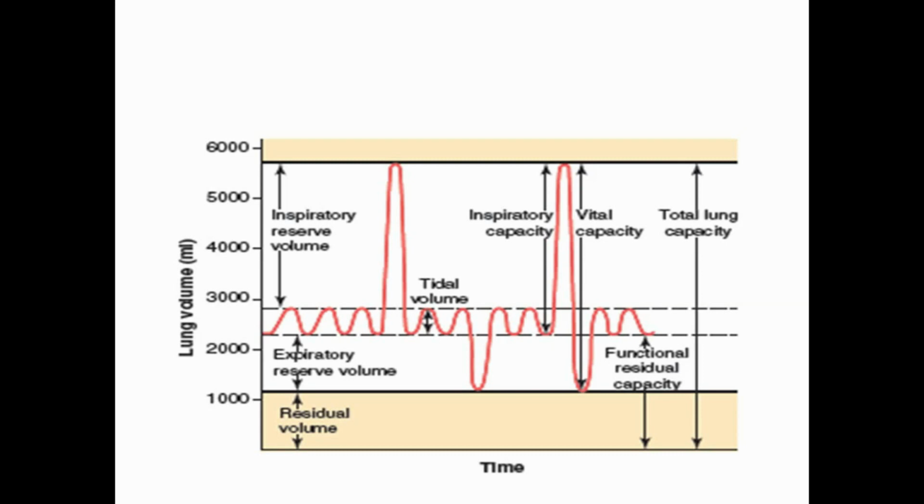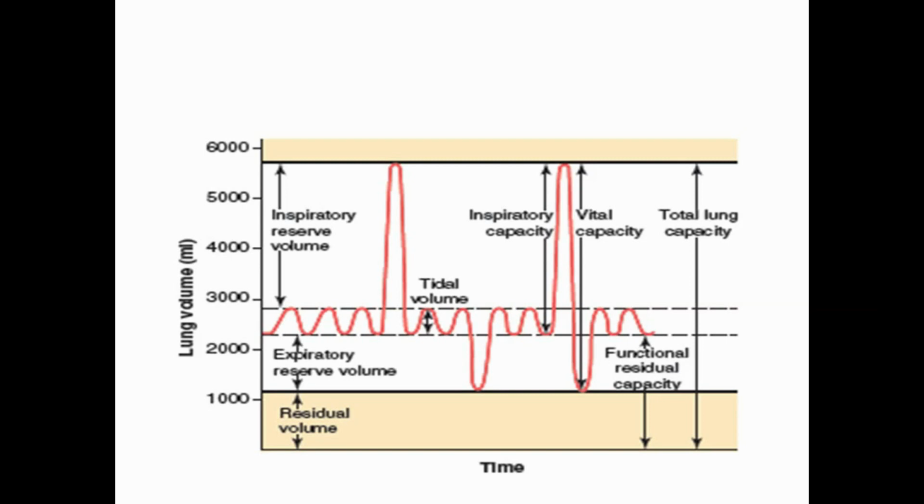So the next capacity is the functional residual capacity. Some people might ask why it is called functional residual capacity and why not the expiratory capacity, which is the opposite of inspiratory capacity.